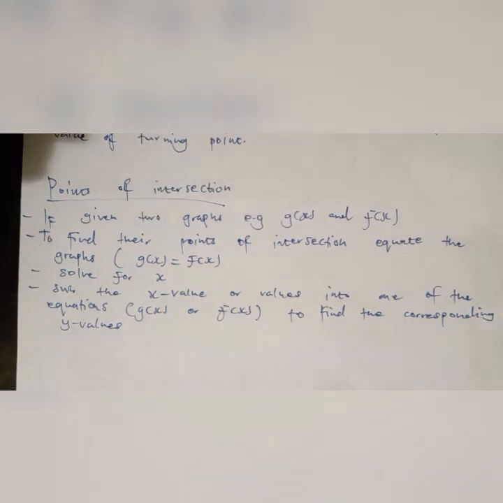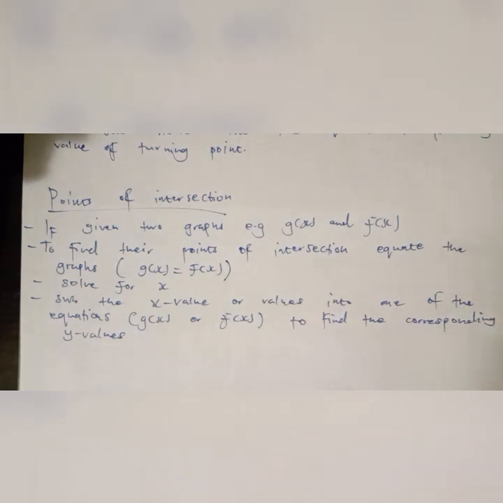Let's move on. Points of intersection. If given two graphs, for example g of x and f of x, to find their points of intersection, we equate the graphs, so that would be g of x equal to f of x.